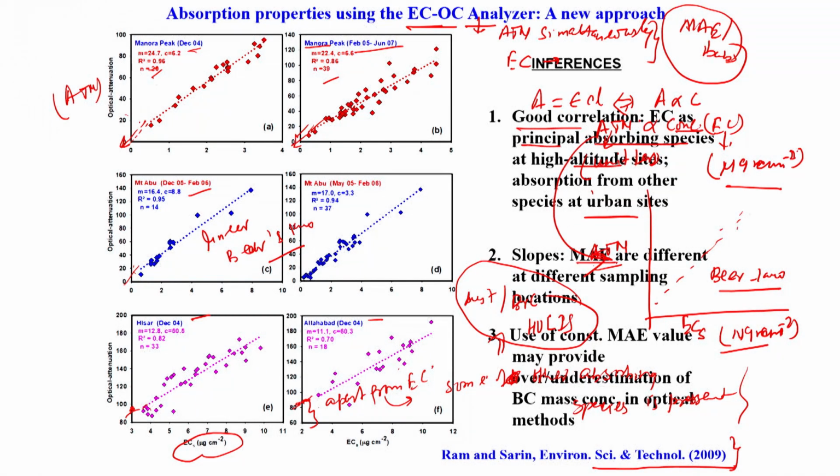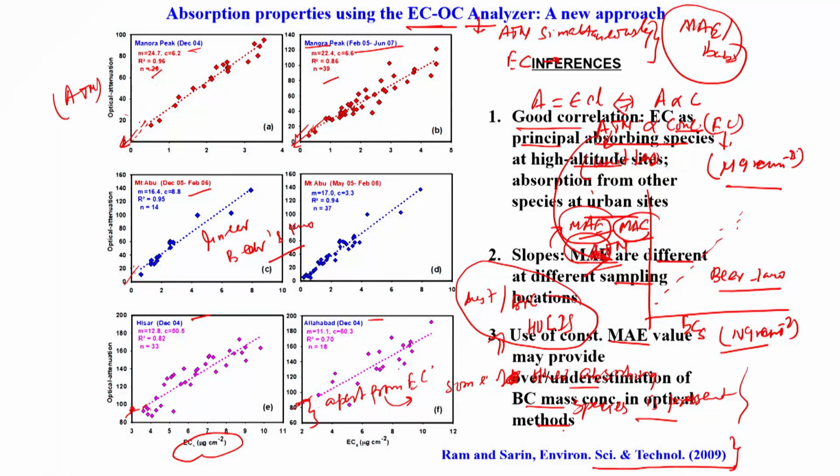And the slope, if you see, directly provides the value of mass absorption efficiency, or mass attenuation coefficient, MAC. They are very different at different sampling locations. So, you see the slope is very different at all the sites. So, use of a constant mass absorption efficiency value may provide an over or underestimation of BC in optical methods.